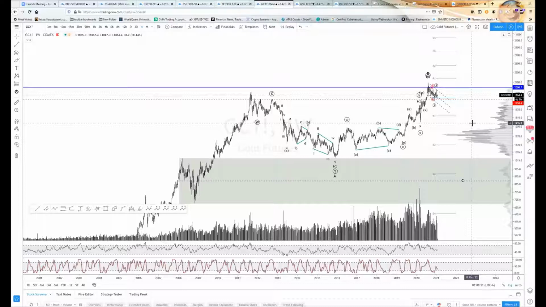We could look at other things here. Right here on the weekly, you can see we've got this bearish divergence with the RSI, dropping off with lower highs and lower lows, while prices made higher highs and higher lows.